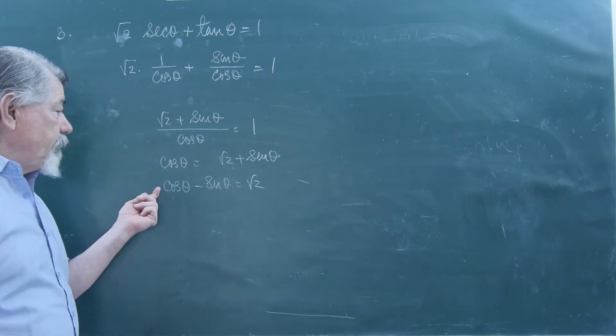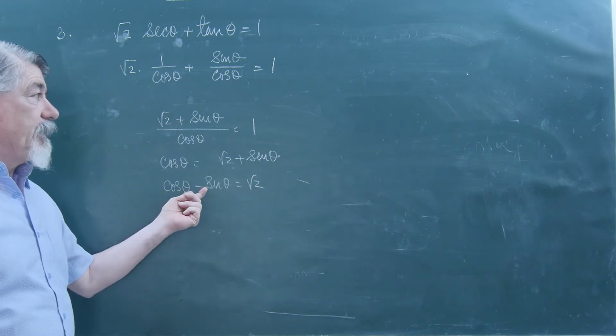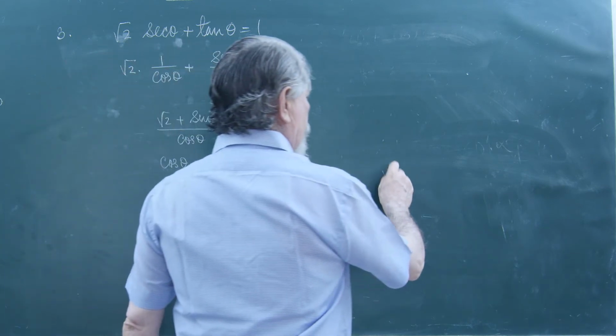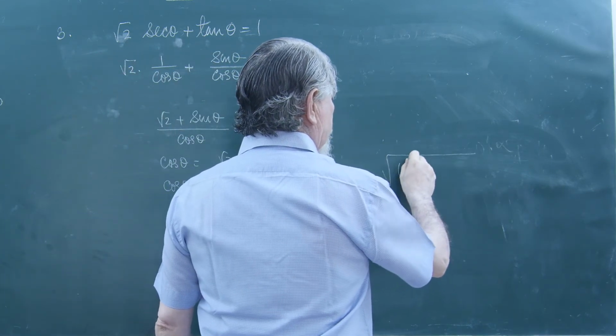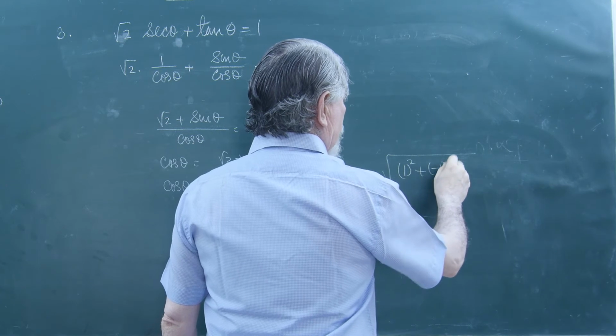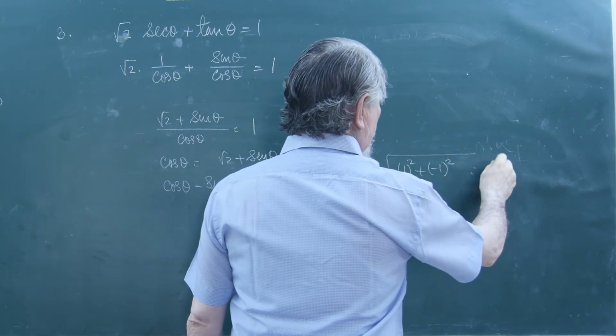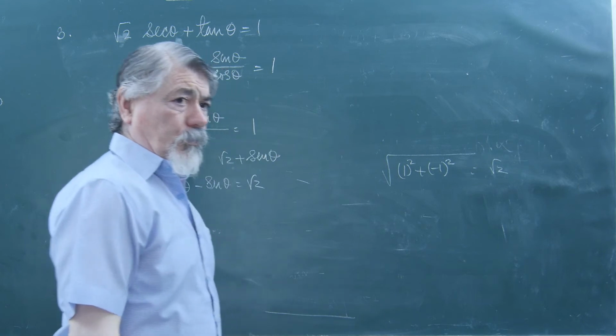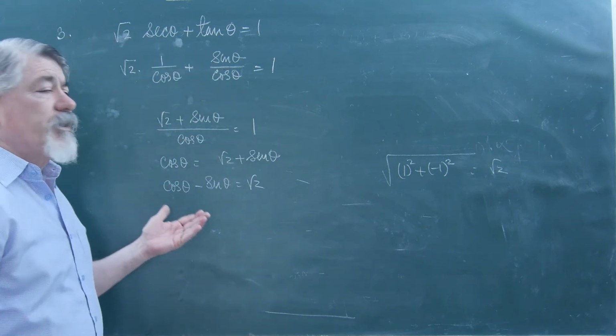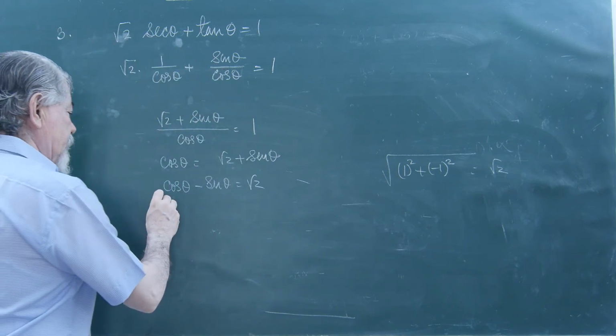Again the coefficient of cos theta is 1, coefficient of sin theta is minus 1. So 1 whole square plus minus 1 whole square under root, that will come out to be root 2. I am going to divide the complete equation by root 2.